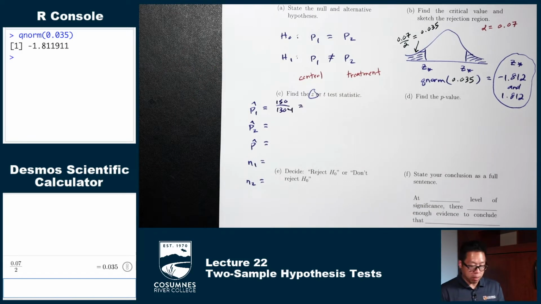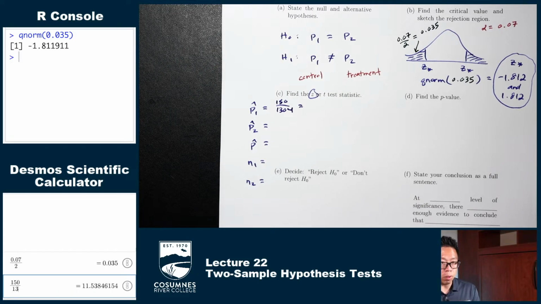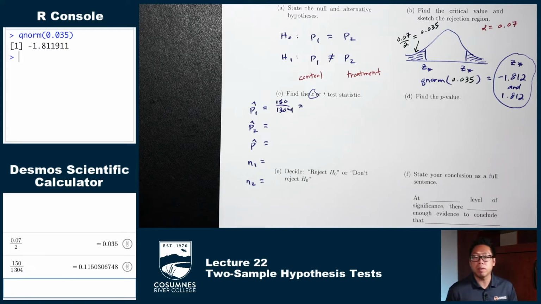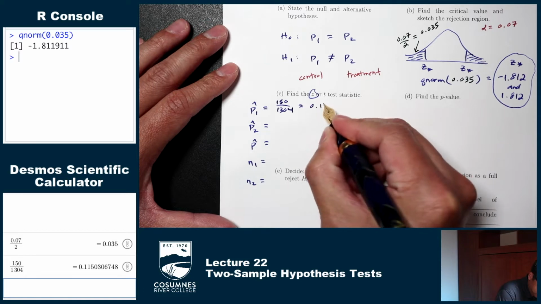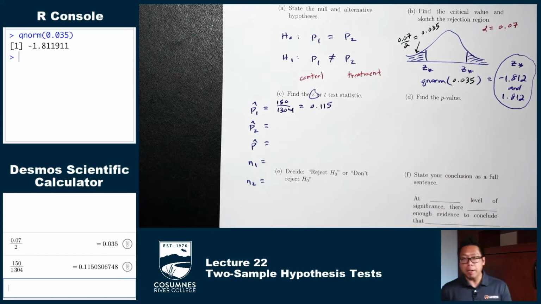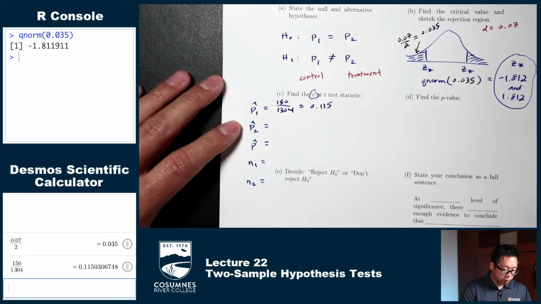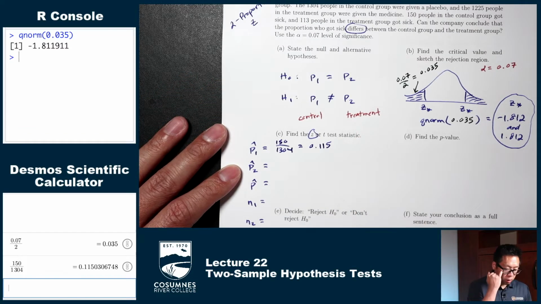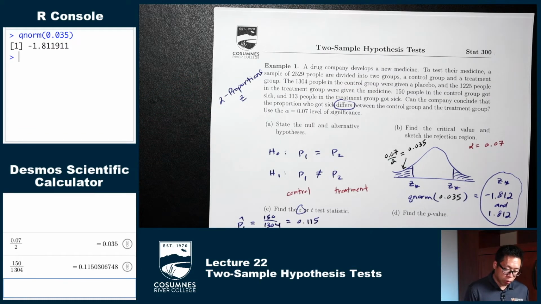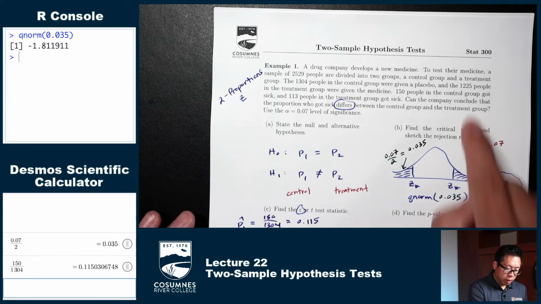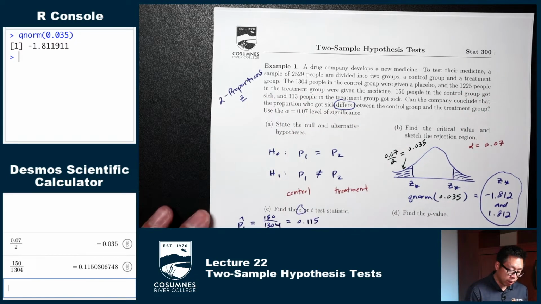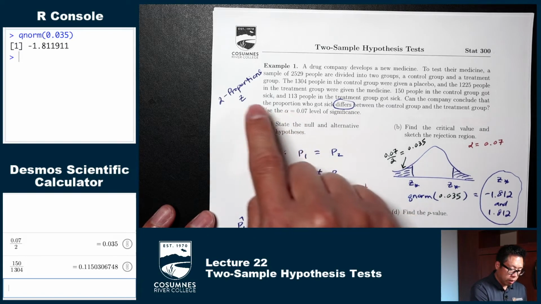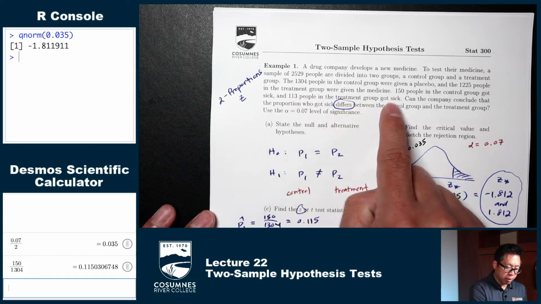Okay, let me enter this into a calculator. 150 over 1304, round to 3 decimal places, 0.115. P2 hat is the proportion from the treatment sample. So how many people total in the treatment group? 1,225 people in the treatment group. And then how many people got sick in the treatment group? 113 people in the treatment group got sick.